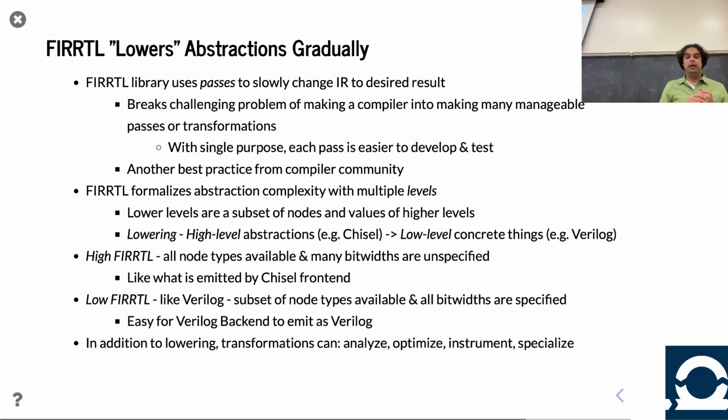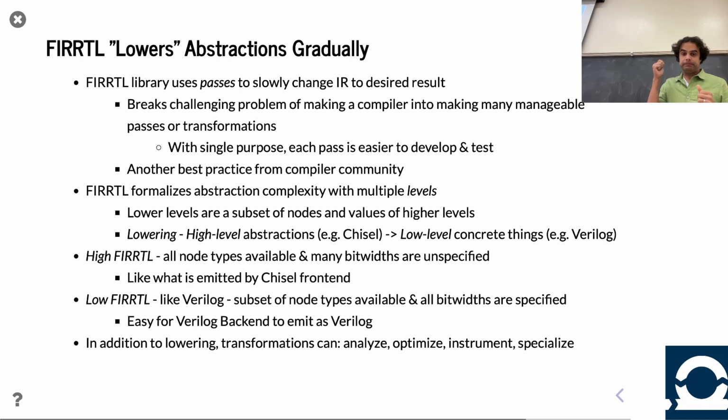This is a compiler technique, this nano pass, micro pass procedure, where you do one small thing at a time, and you do many things in a row. By having each pass do a single thing, it's much easier to specify what a pass is supposed to do, reason about it, and most importantly, much easier to test that pass to make sure it's doing what you expect. This is something that's done in compilers. It's a great best practice, and it's being reused in hardware.